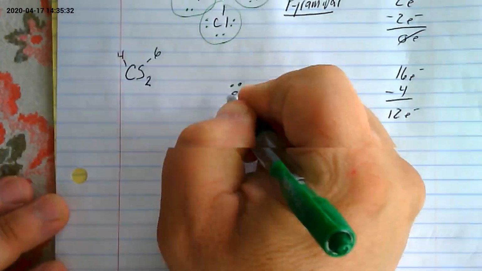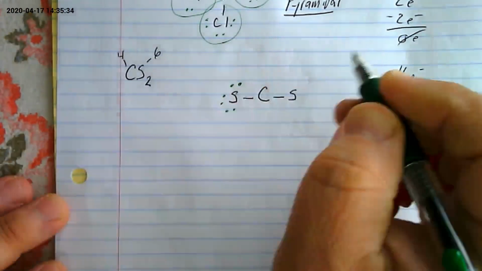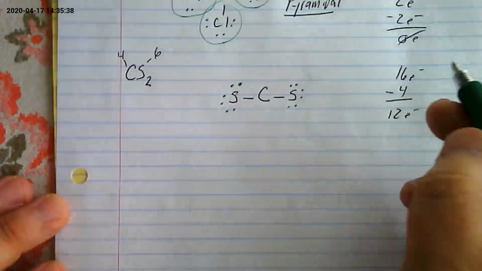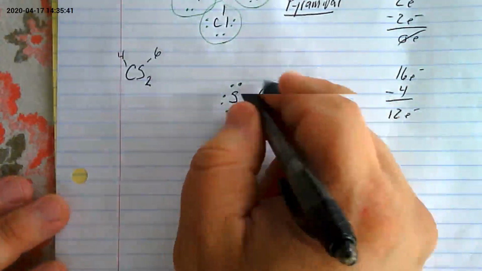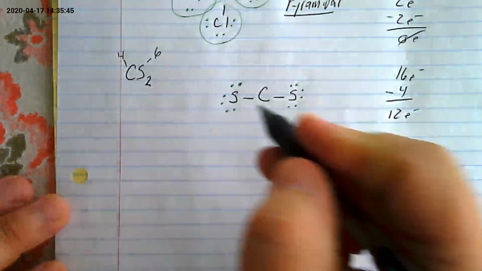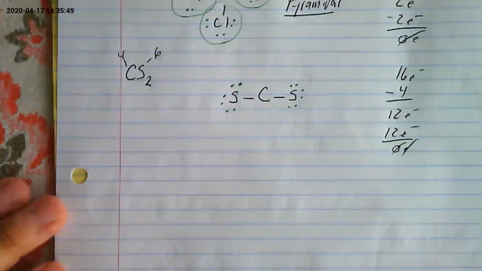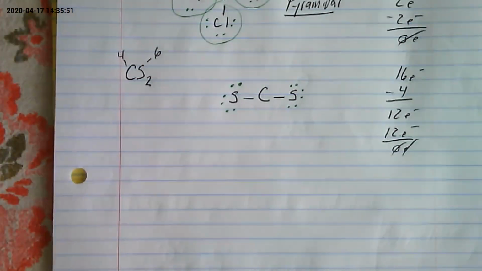Sulfur is in group 6, so it has 6. You have 2 sulfurs, so 6 times 2 is 12, plus 4 is 16. So we have a total of 16 valence electrons to work with. Our central atom is going to be carbon, because it's the one thing by itself. You put the 2 sulfurs around it.